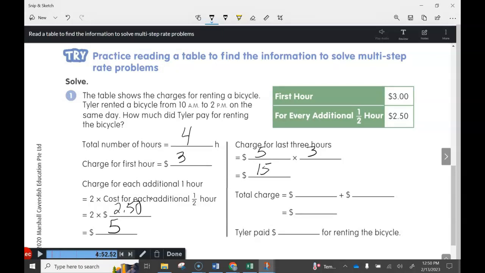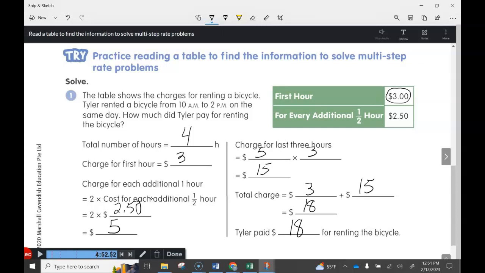All right, now that's not the total, that's just how much for the last 3 hours. Now what we need to do is take the amount from the first hour, the $3, add it to the $15, which is the charge for the next 3 hours, and that's going to give us $18 there. Then we can see that Tyler paid $18 for renting the bicycle.